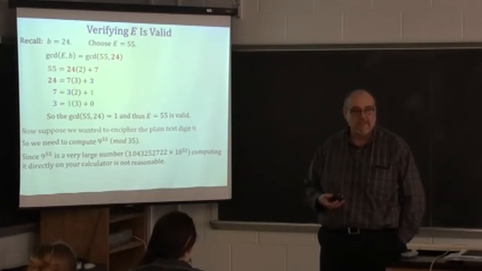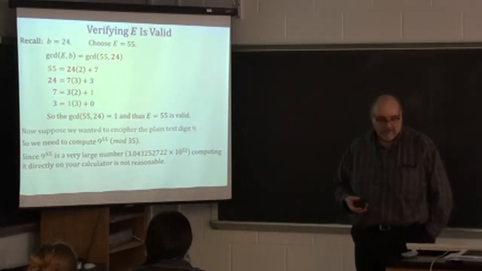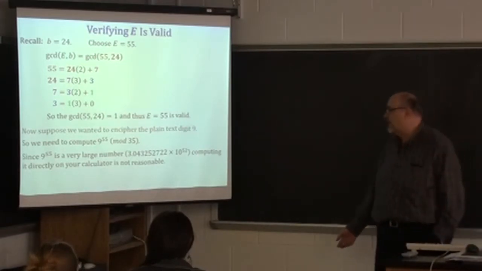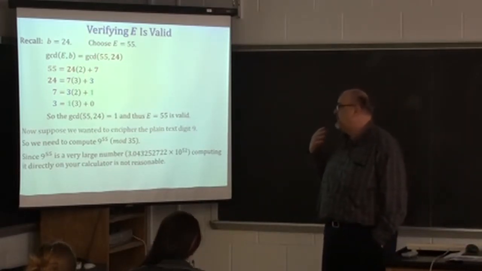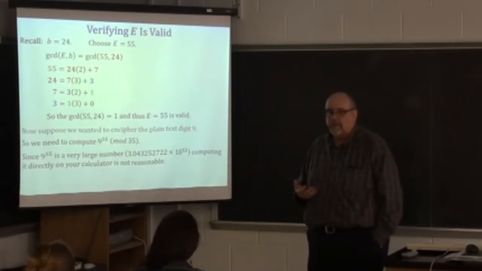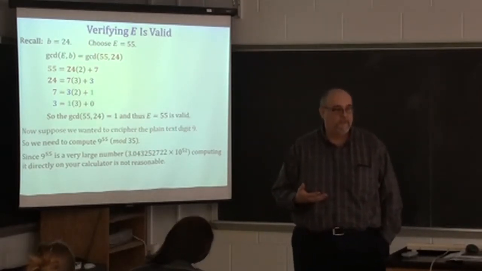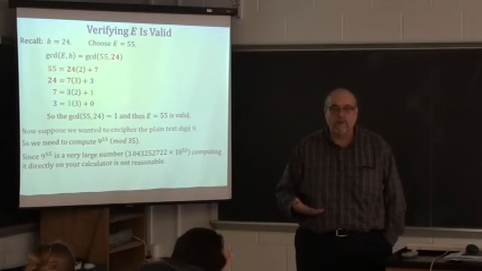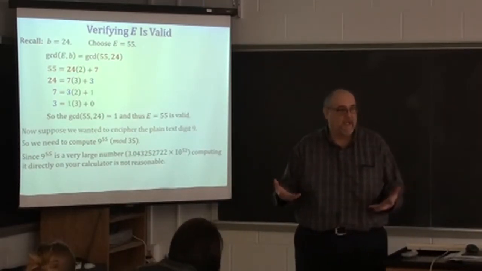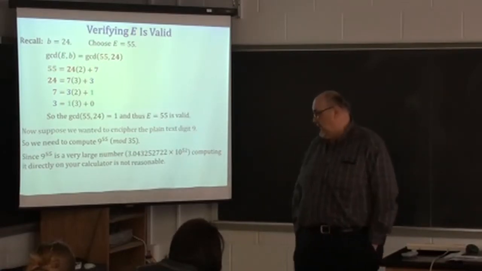So even though that is an integer, it's not proper form for us to work with, right? So computing it directly on our calculator is not reasonable when we have a large exponent or a large base, but the exponent's what's really driving its size, right? So what could we do?